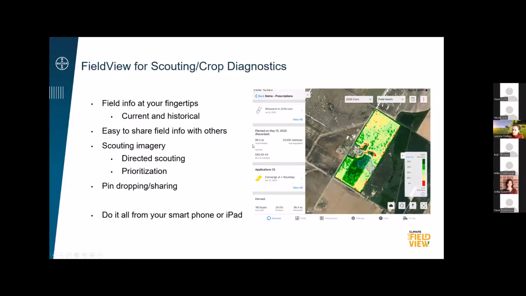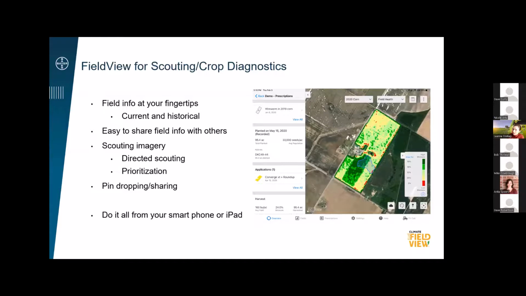As I mentioned, it's really easy to share the information from your field with others, and if they're all part of the operation, everybody can access the data really easily. When it comes to pin dropping and sharing those pins, I'll show you some examples of that. It's just so nice that you've always got your phone on you, and you can access this information right from your phone at any time.